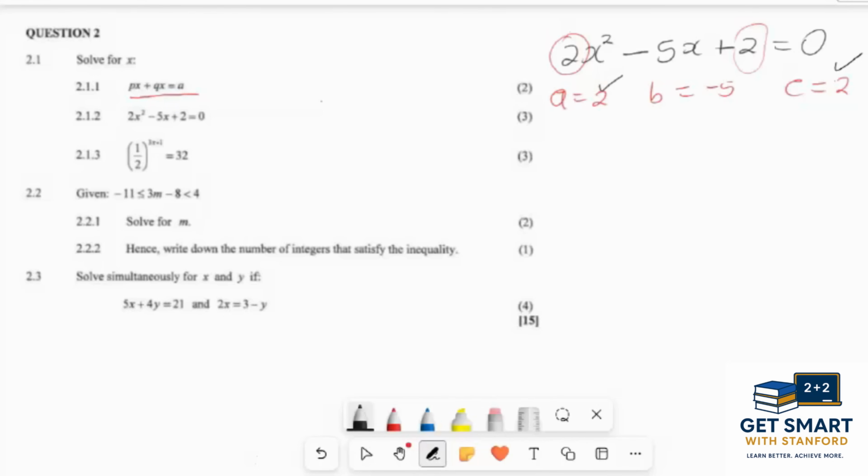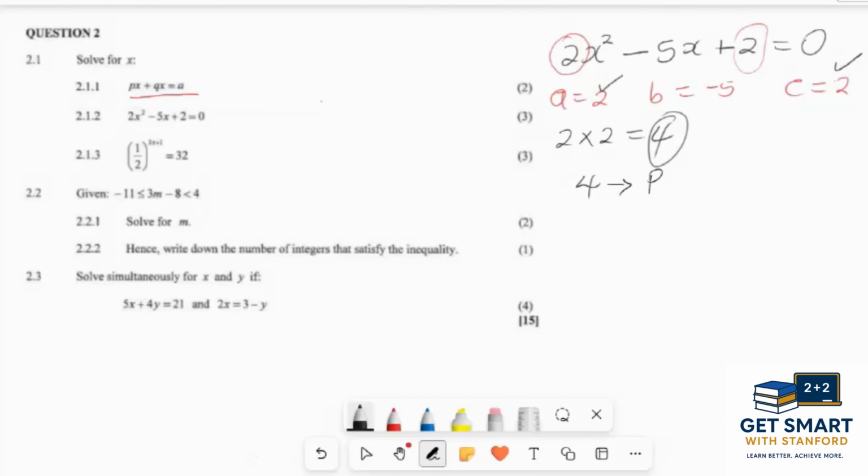And a times c, that is 2 times 2 equals 4. It's fine. Now, we need to find two numbers that will multiply to 4. Two numbers that will multiply to 4.